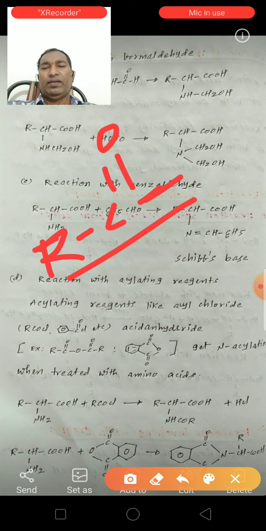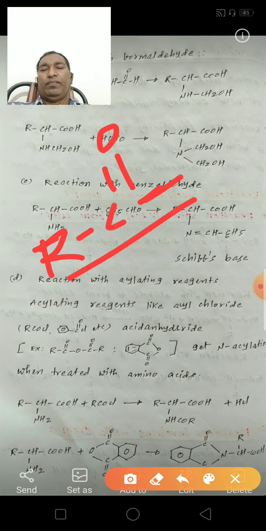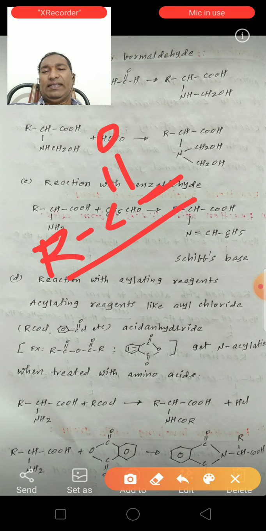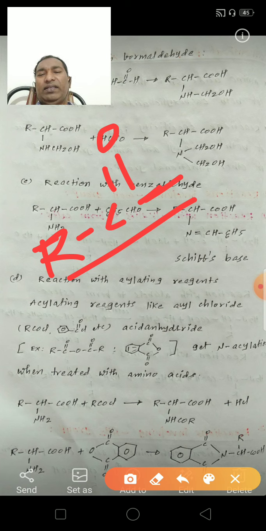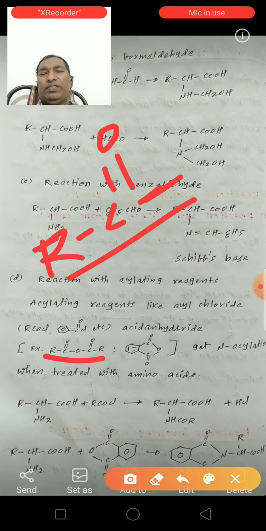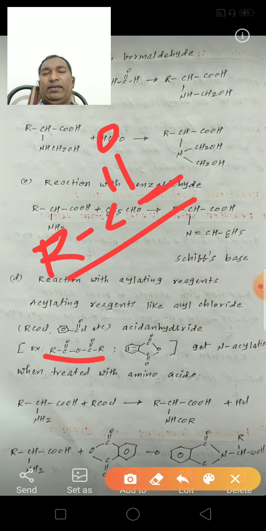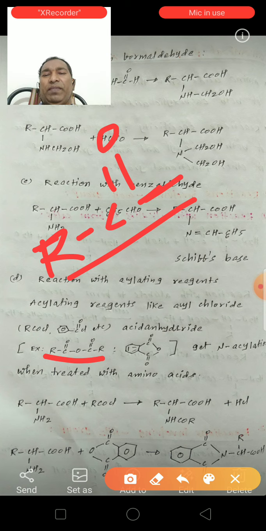Acylating reagents include acyl chloride, general formula RCOCl, or benzoyl chloride C6H5COCl, etc. These are the acyl chlorides. Acid anhydrides have the general formula RCOOCOR, such as phthalic anhydride, benzene COCOOH. These are all acylating agents.